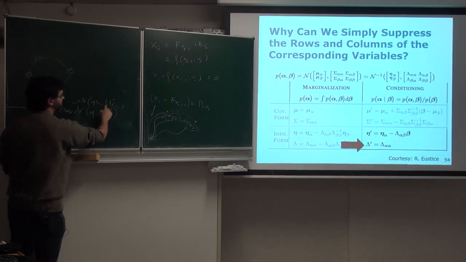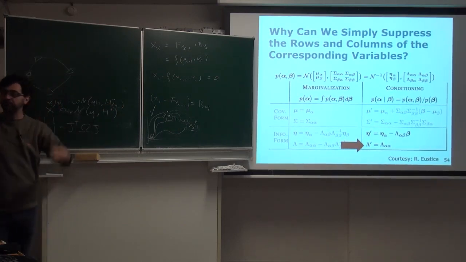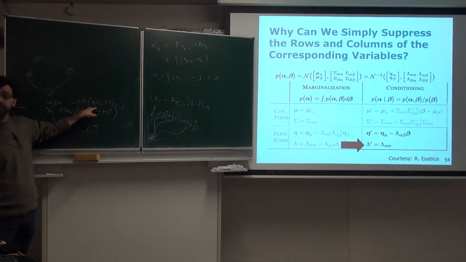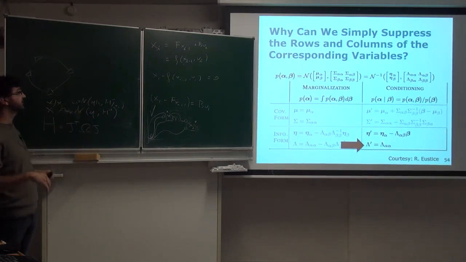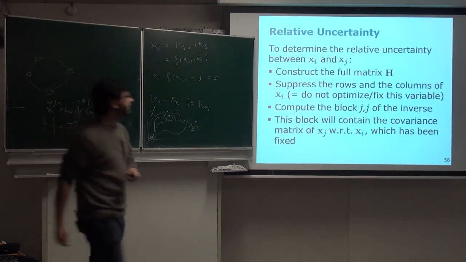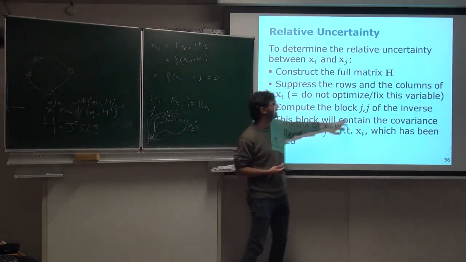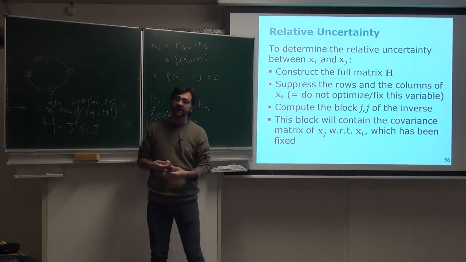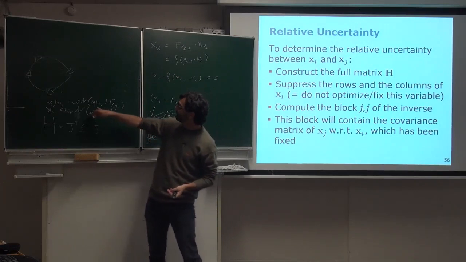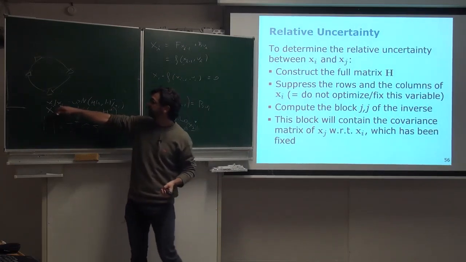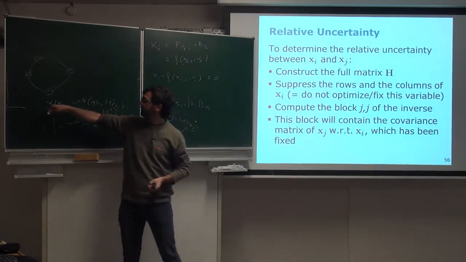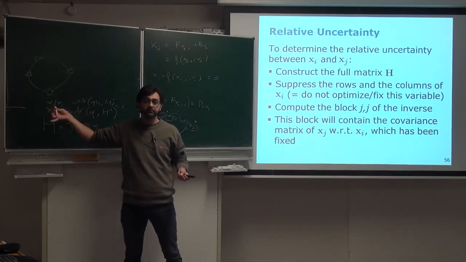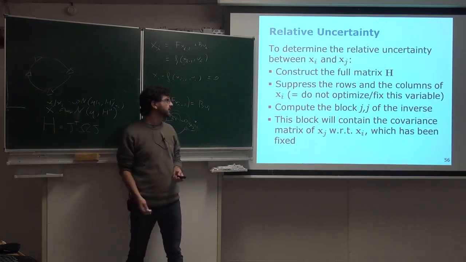This basically means that I'm eliminating the rows and columns that I don't care about. This is the solution of the system when I eliminate everything I don't care about. For the relative uncertainty, I can just take the blocks, because this is given, and I want to know the uncertainty of this variable given that. Okay, so that's the idea.